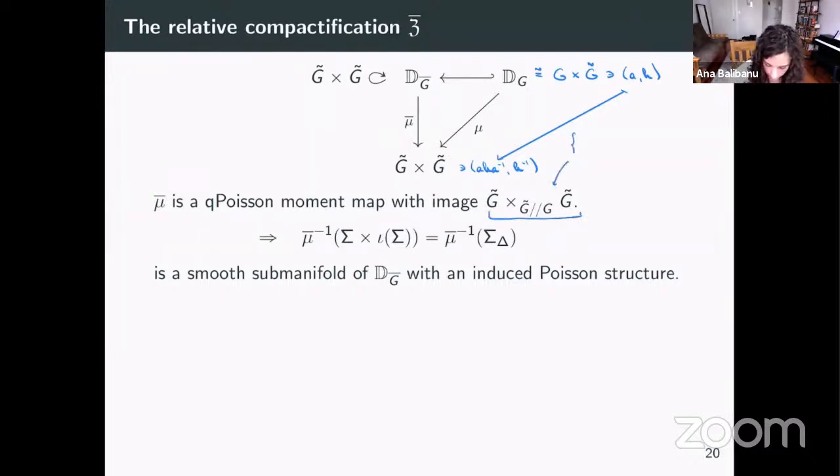It means pairs (G, H) with the property that G and H inverse are in the closure of the same conjugacy class.